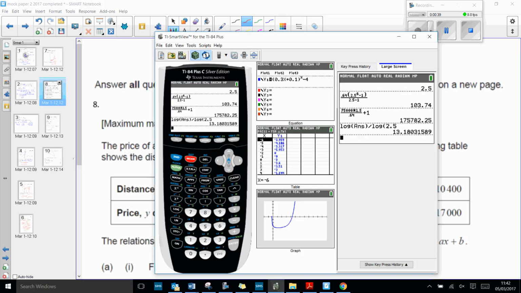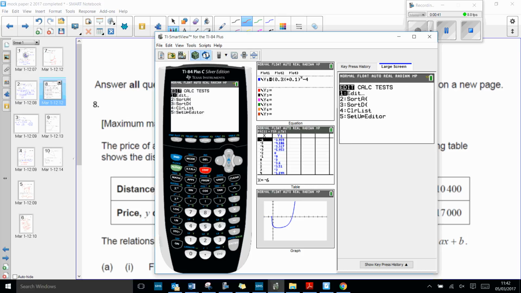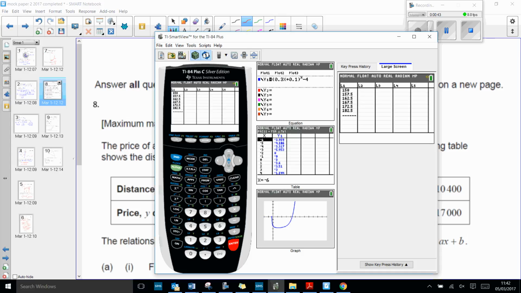So we go into stats, edit. Right, we need to clear these lists. Okay, and we need to enter our data.